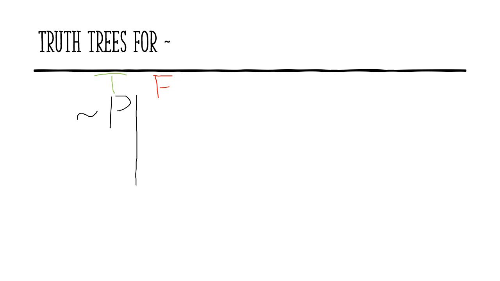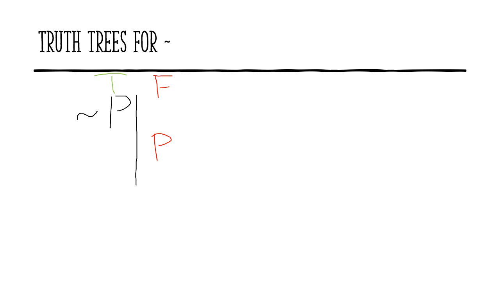Well, if you remember from our previous discussion, what makes tilde p true is wherever p is false. That's what makes the tilde p true. So whenever you come across a tilde on the left side, you just flip it over the line and get rid of the tilde.